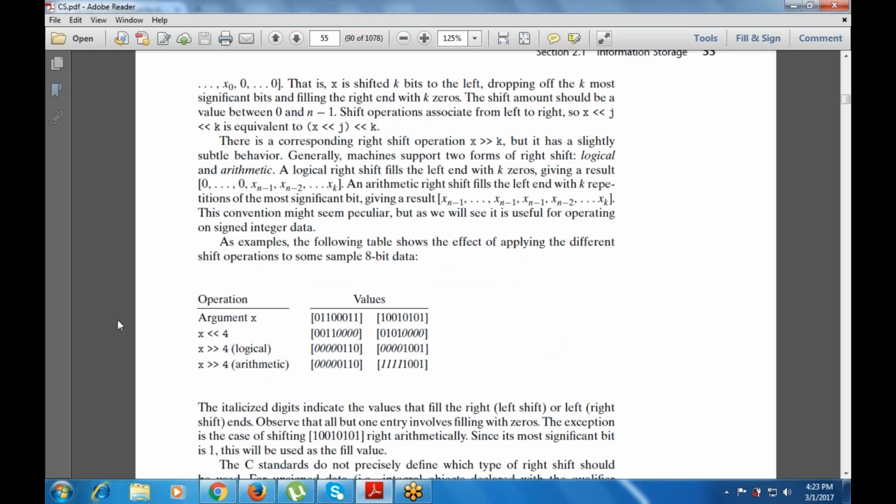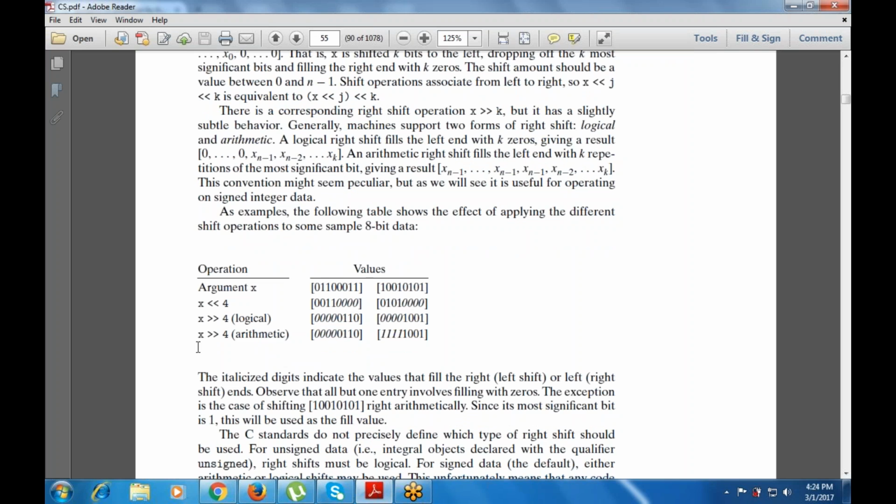The argument x is 01100011, x << 4 is 00110000, then x >> 4 logical, and x >> 4 arithmetic.